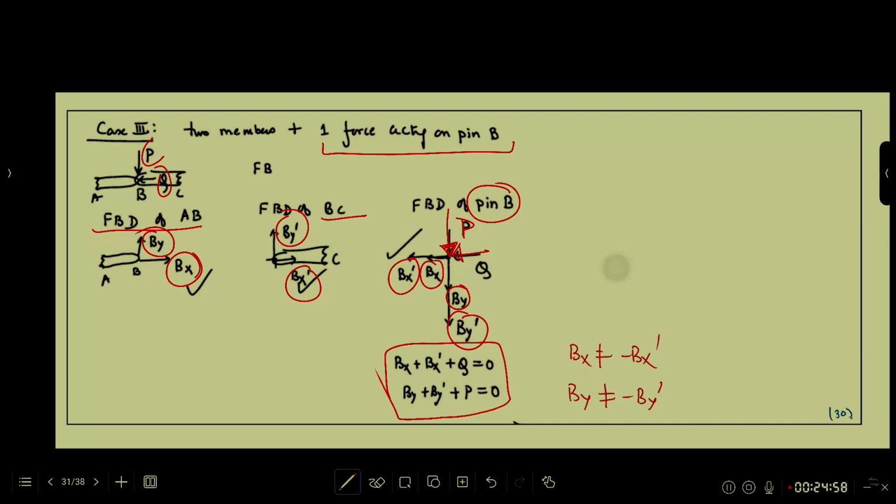In this case also, the FBD of the pin B is absolutely necessary to complete your analysis. For the three cases that I showed, only the first case allows you to ignore the FBD of pin B and get the right conclusion. For the other two cases, FBD of pin B is absolutely necessary.